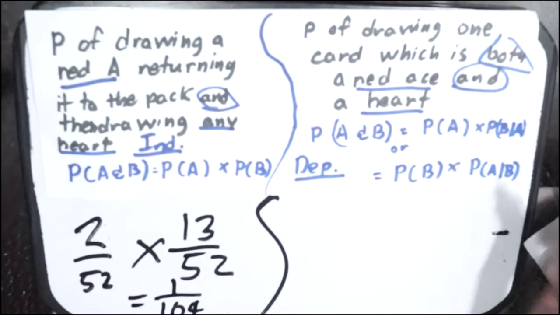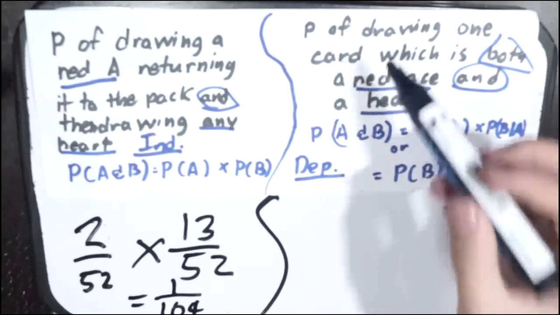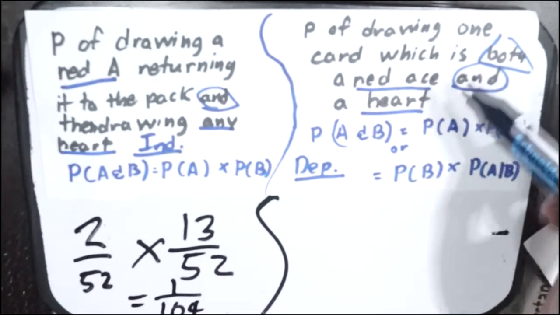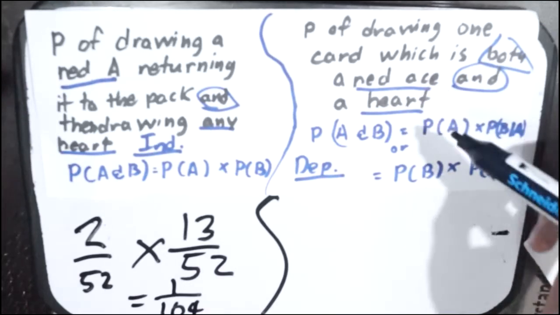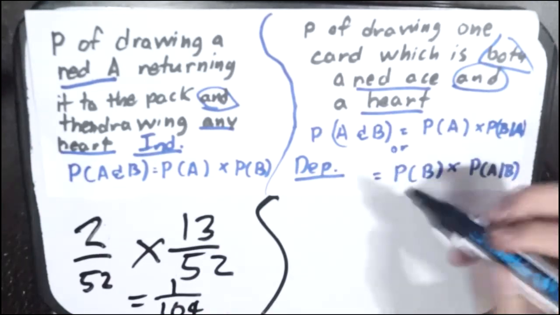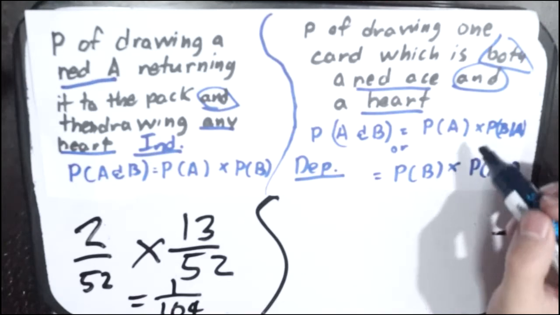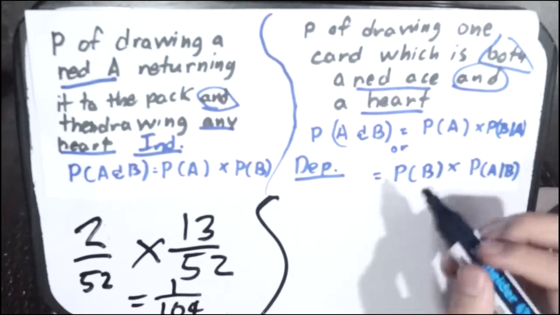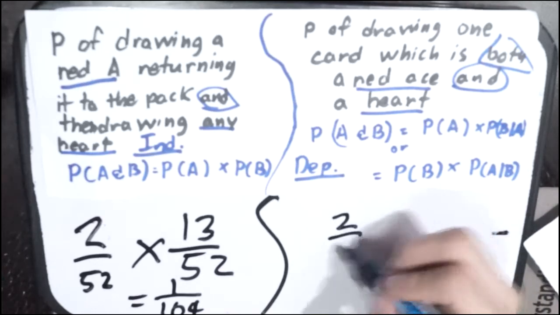If it were a dependent event, in the case of the possibility of drawing one card which is both a red ace and a heart, since a red ace may be a heart or a heart may be a red ace, they are dependent on each other. So the first formula you could use is the possibility of A, which is a red ace, 2 out of 52.